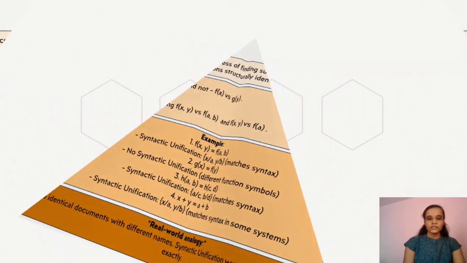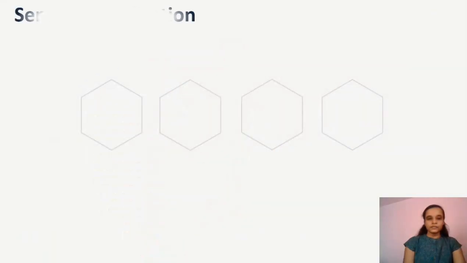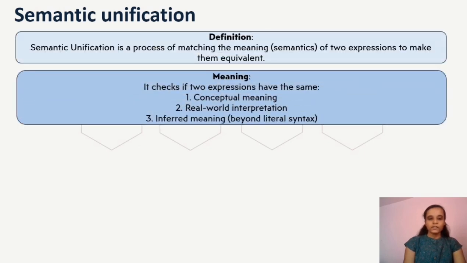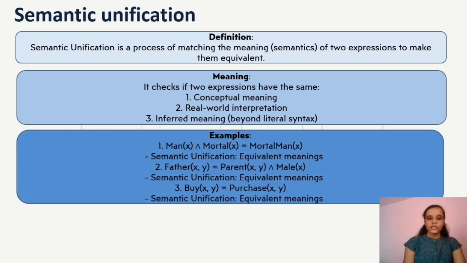Second is semantic unification. Now, semantic unification goes beyond syntax. It looks at meaning. Even if two expressions look different, they mean the same thing. Semantic unification will identify that. Example: buy(x, y) and purchase(x, y) are unified semantically.